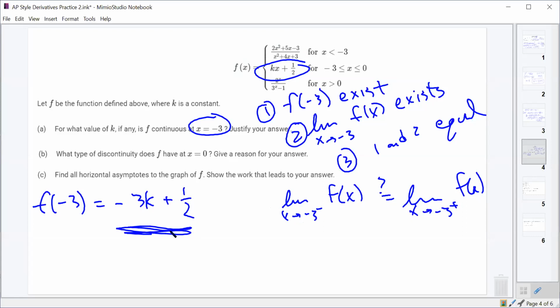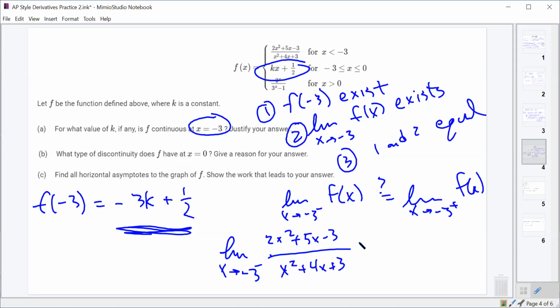So effectively, we're going to be finding the k values that make the limit as x approaches -3 from the left of f of x, which is the one for 2x squared plus 5x minus 3 over x squared plus 4x plus 3, equal to -3k plus 1/2. Everybody good with that or no?